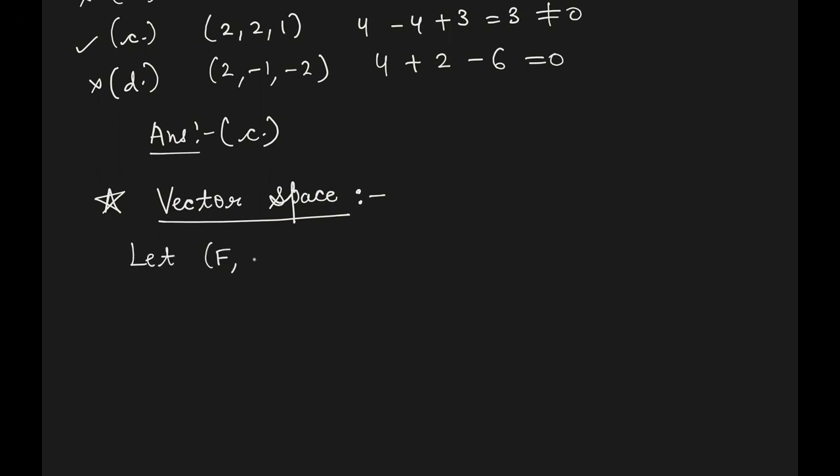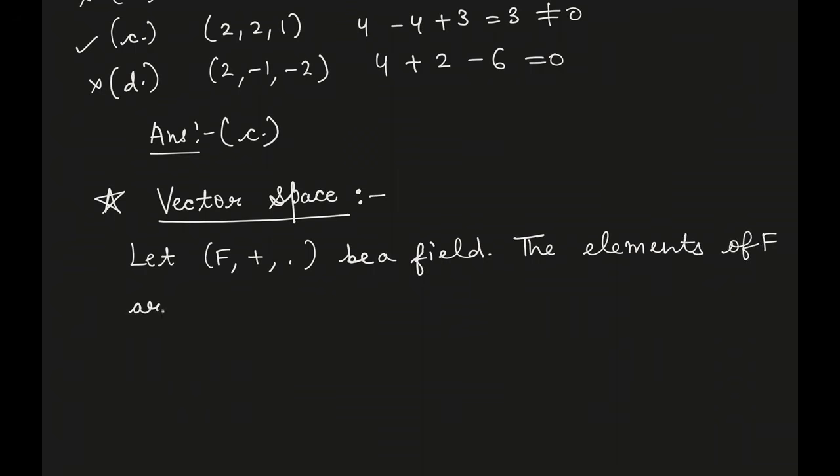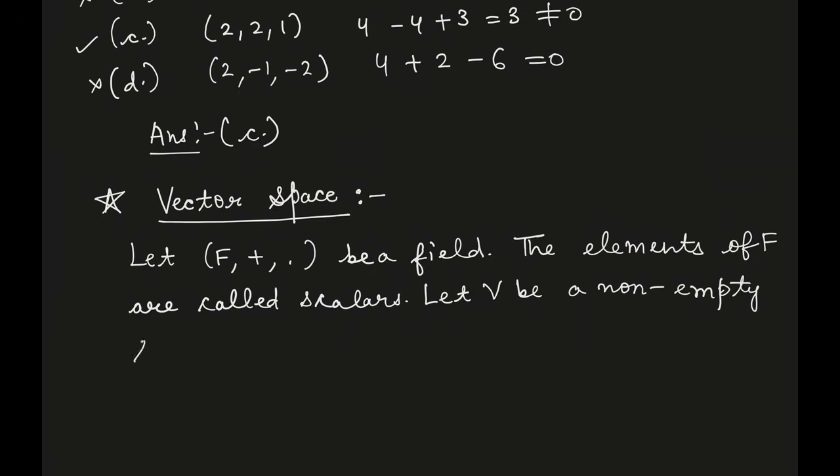So let F, with respect to two operations plus and dot, addition and multiplication, be a field. The elements of F are called scalars. Let V be a non-empty set whose elements are called vectors.